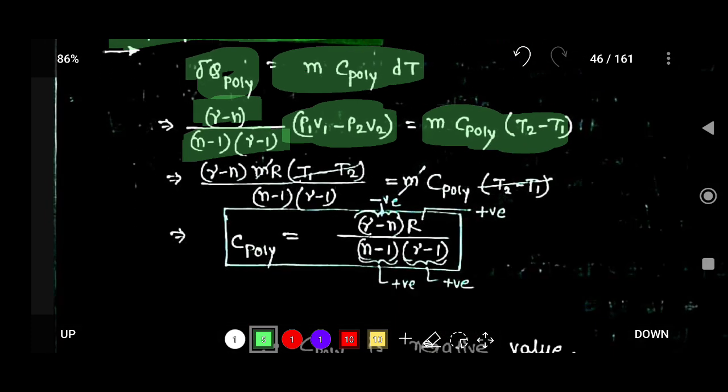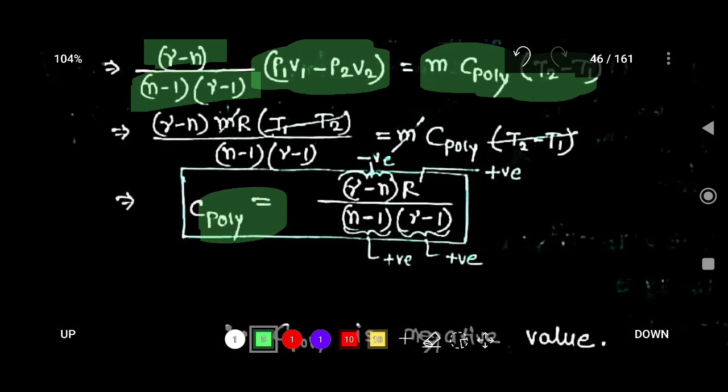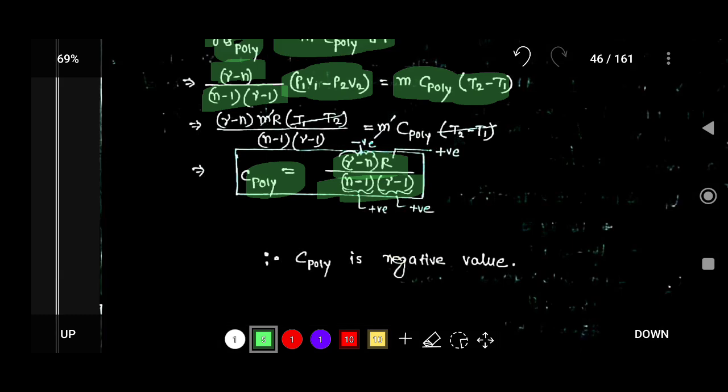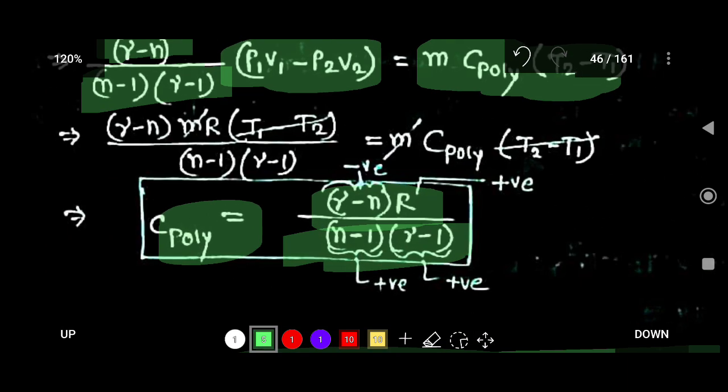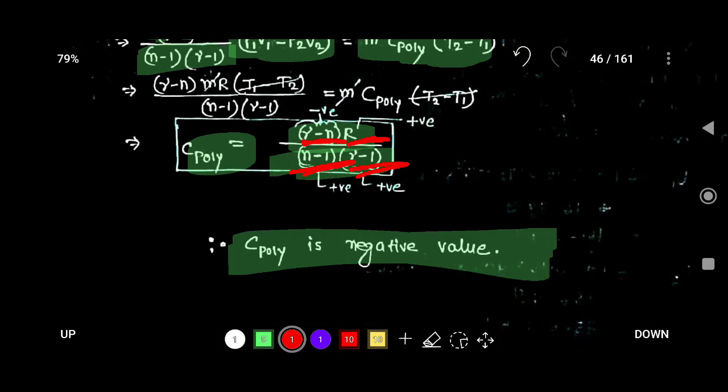From here you can get the formula C poly equals gamma minus n into R upon n minus 1 into gamma minus 1. C poly can be a negative value, because gamma minus n is a negative value here, R is positive, n minus 1 is positive, and gamma minus 1 is positive. So that is why the C value will be negative.